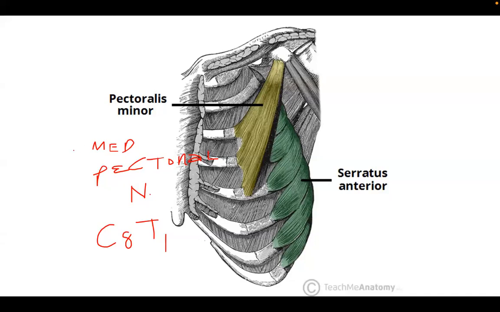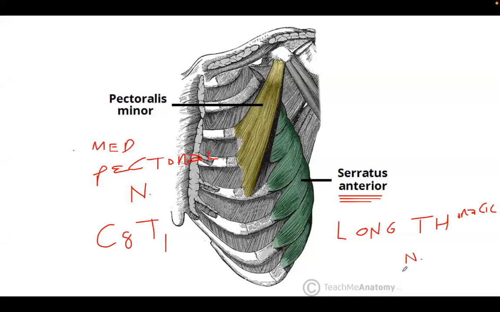Now, what is the nerve supply of the serratus anterior? It is the long thoracic nerve. Okay? Do not even attempt to go to bed if you do not remember that.